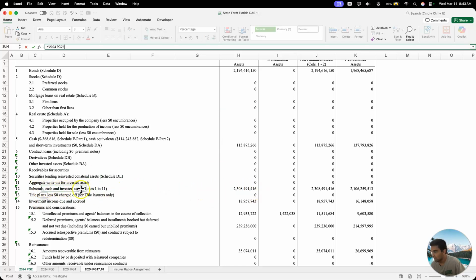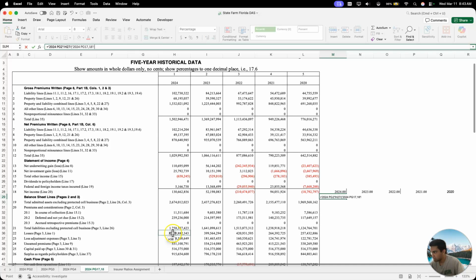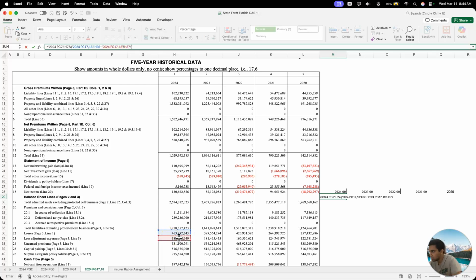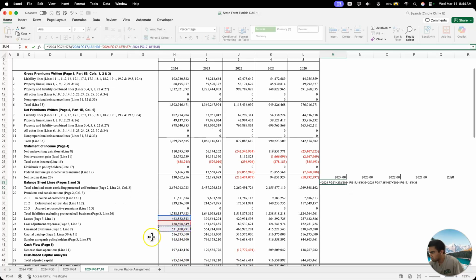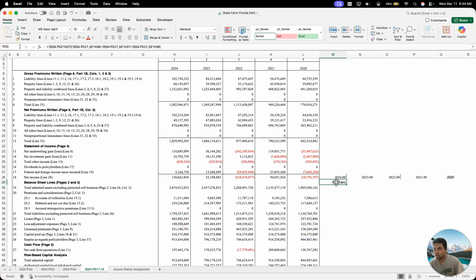Right here, subtotals, cash and invested assets, because we're looking for cash and invested assets, divided by, and you can do parentheses, and I would go down here and do the losses, oops, that's losses plus loss adjustment plus unearned premium. Where is that? Unearned premium, right here.